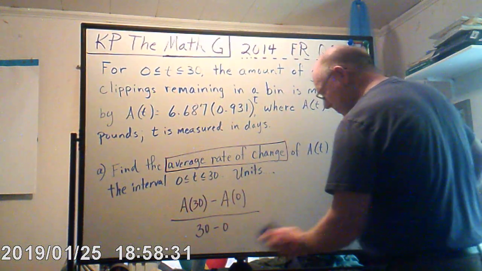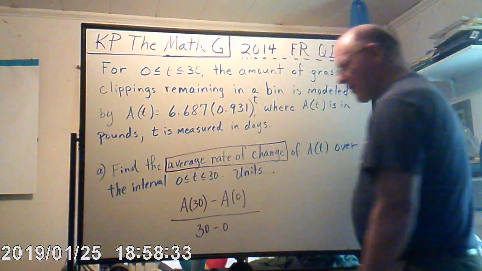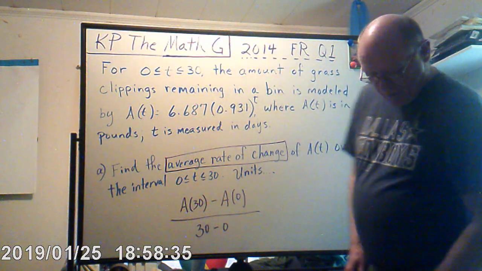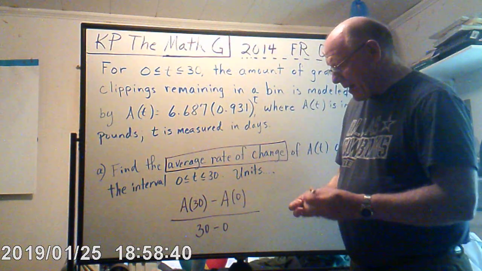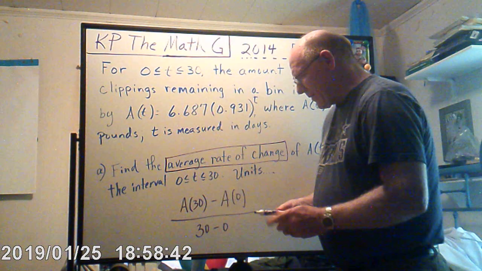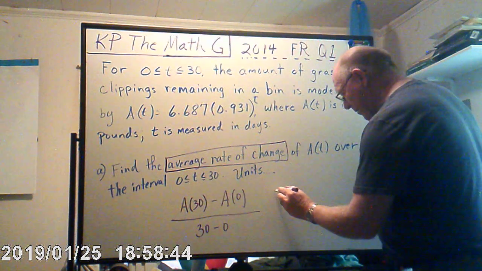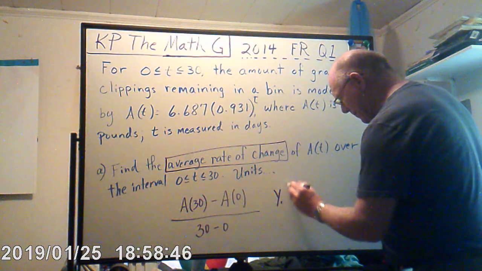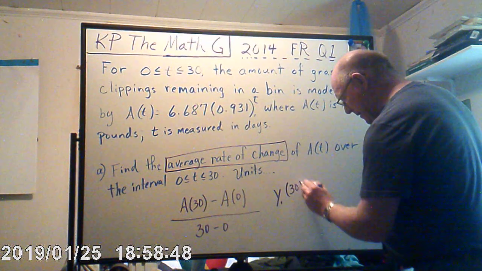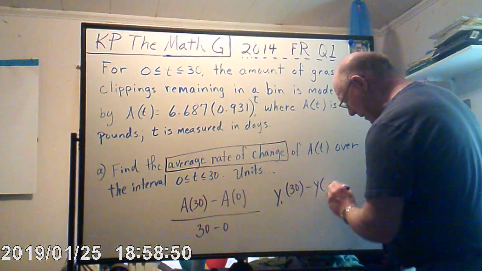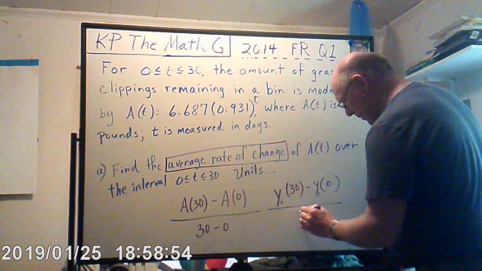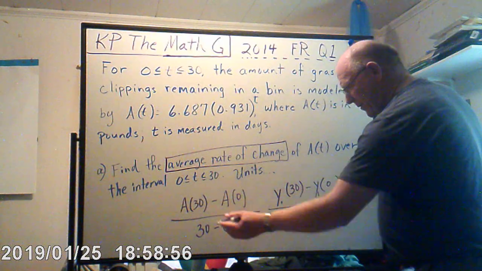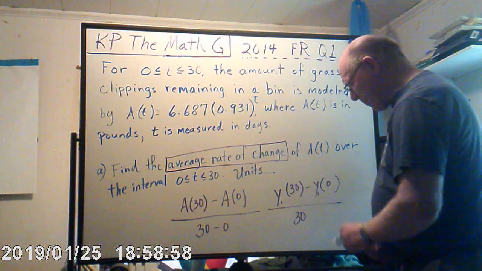So A at 30, again, you can plug that in. I just went ahead and did A at 30 minus A at 0. In this case, what you're probably going to have is y1 at 30 minus y1 at 0, and then you're simply going to put 30 down here. 30 minus 0 is 30.